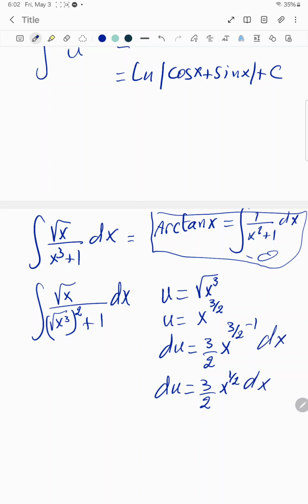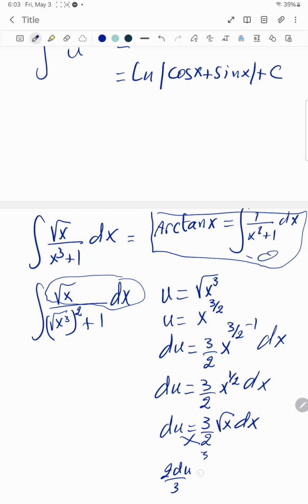There is a dx here. So my du is equal to 3 over 2 square root of x dx, and look at the square root of x dx where it is. There is the 3 over 2 that is bothering me. I will take it to the other side. I'll do cross multiplication. It will become 2 du divided by 3 is equal to square root of x dx.